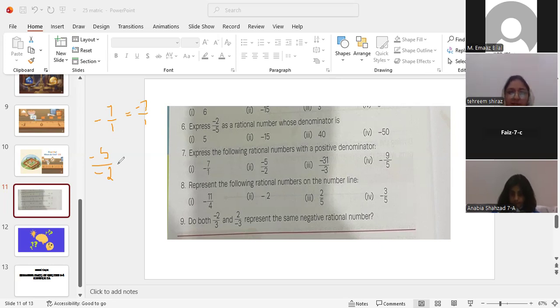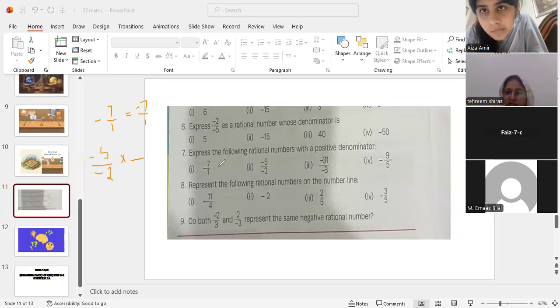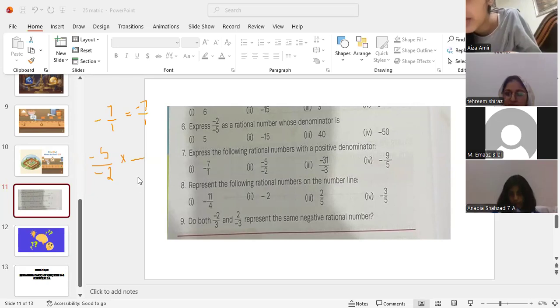Okay, the next is -5 by -2. I need to make this -2 a positive one. What will I do? Ma'am, we will multiply by -1 and multiply by -1. Yes, exactly.